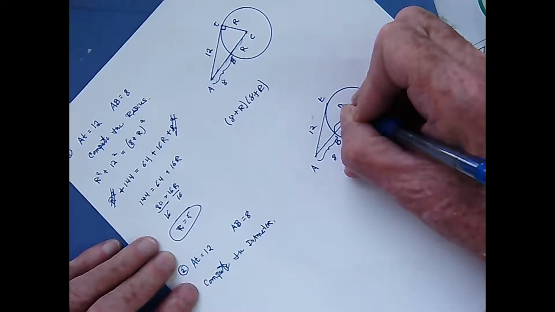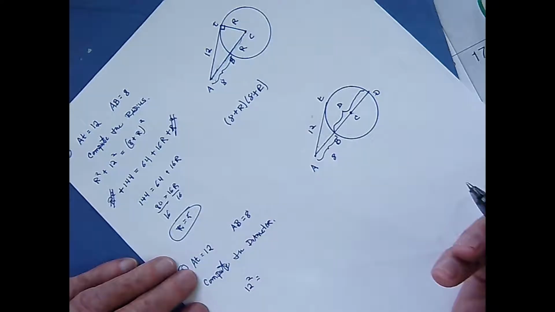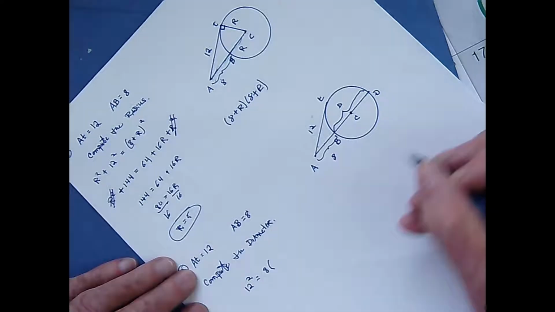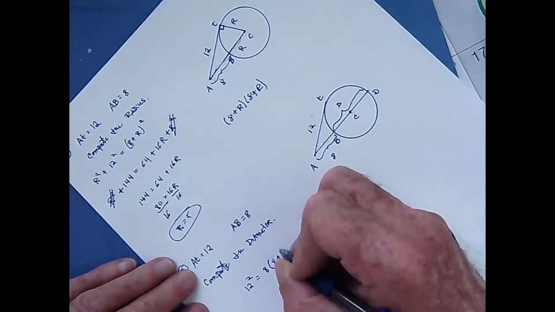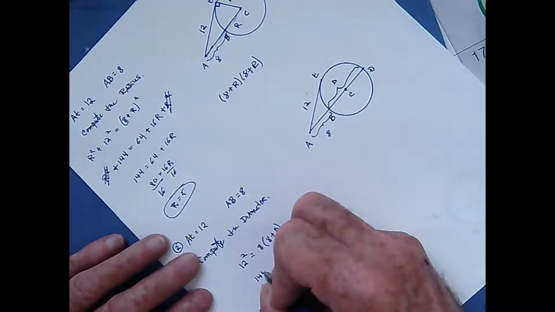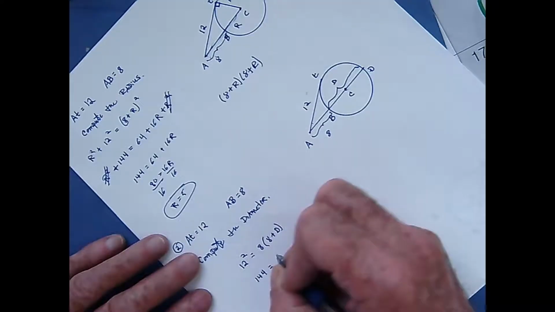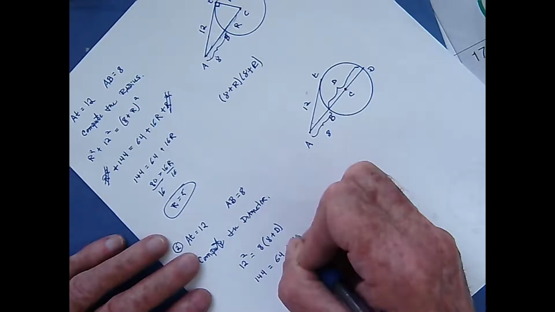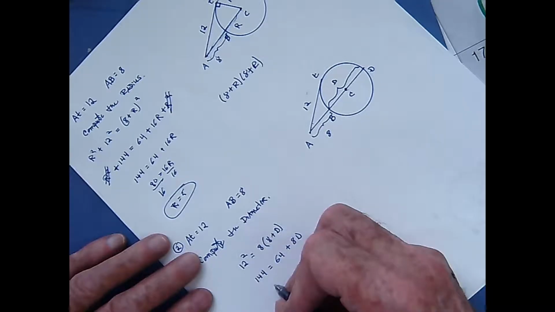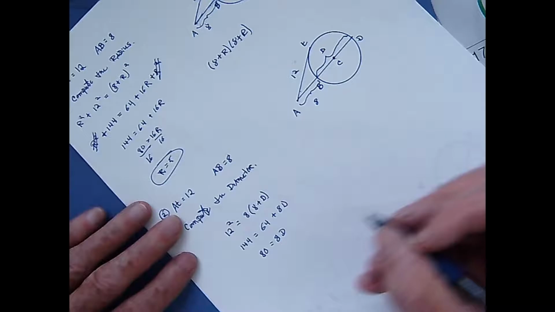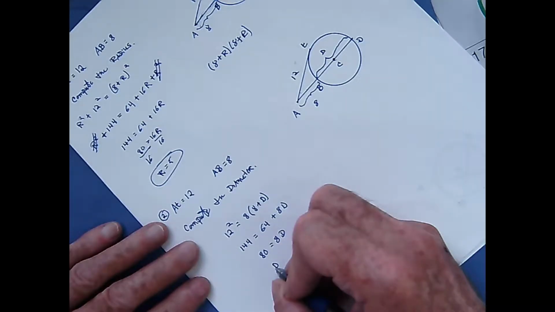And the tangent squared should equal the exterior part, 8, times the full length, and that would be 8 plus D. Let's see what that brings us. 12 squared is 144 equals 64 plus 8D. Multiplying through those parentheses, subtract 64 from both sides, and we got 80 is equal to 8D. Divide both sides by 8, and I'm thinking that the diameter must have been 10.